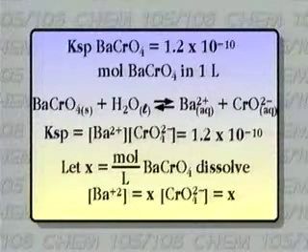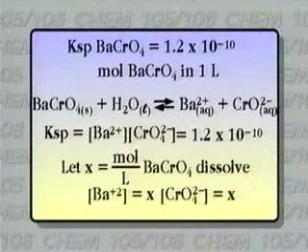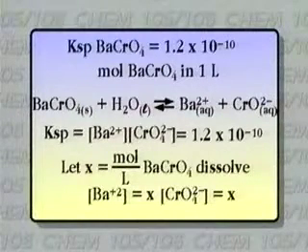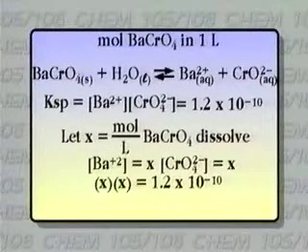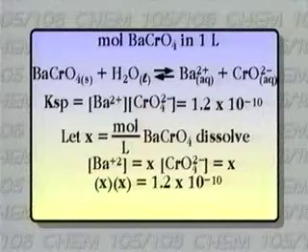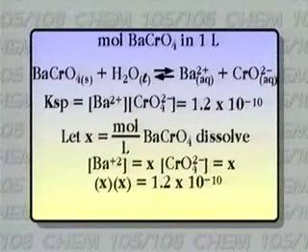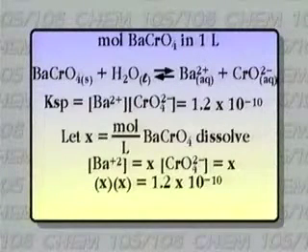Well, now you see, we can substitute these two values in for our equilibrium expression. And if we do that, we're going to have X for the barium ion, X for the chromate ion, and that has to be equal to 1.2 times 10 to the minus 10.